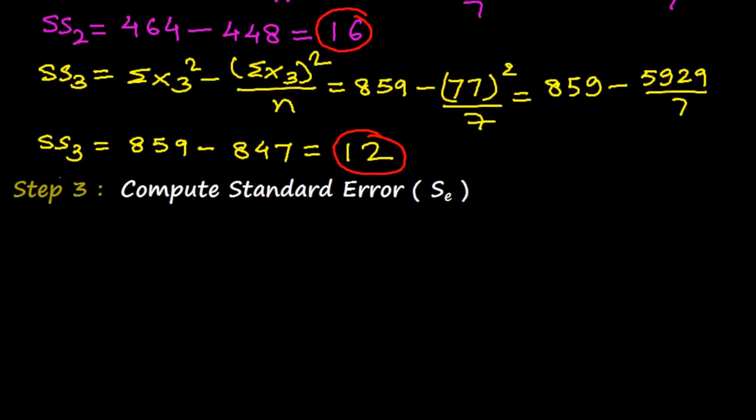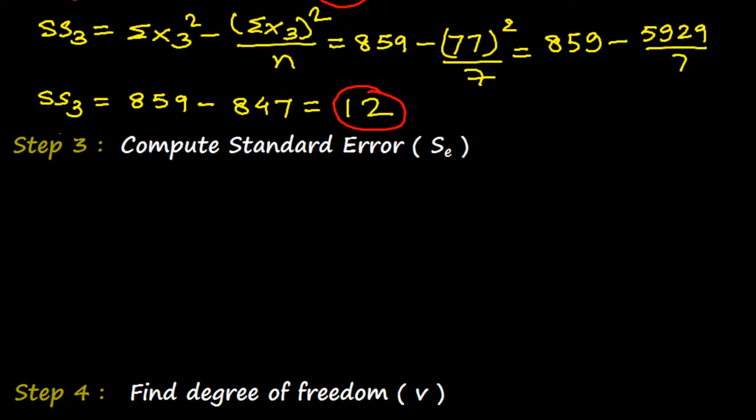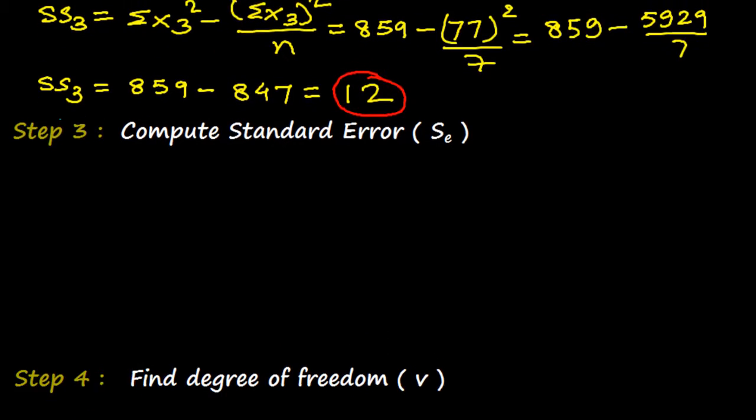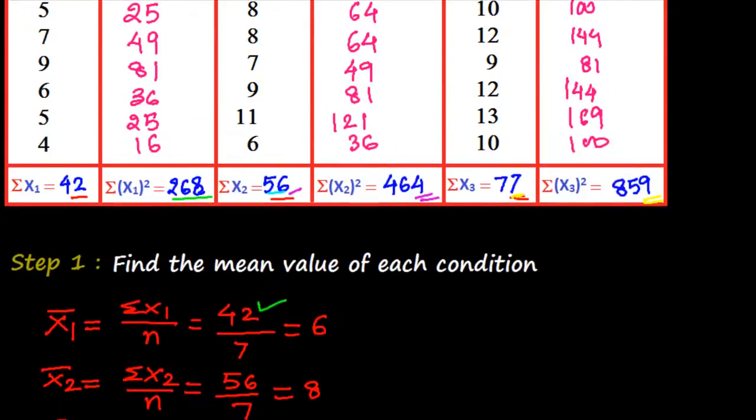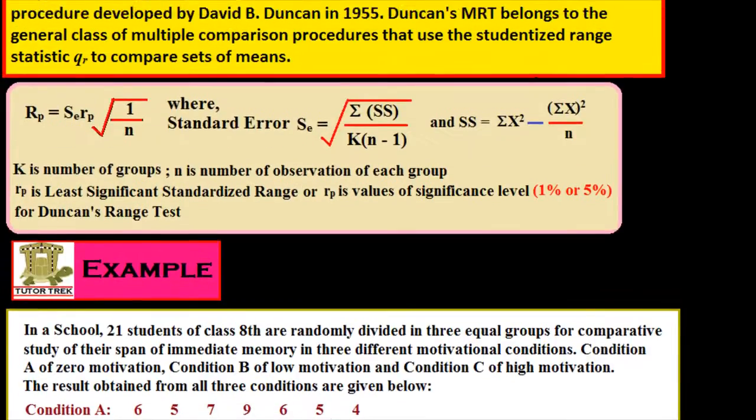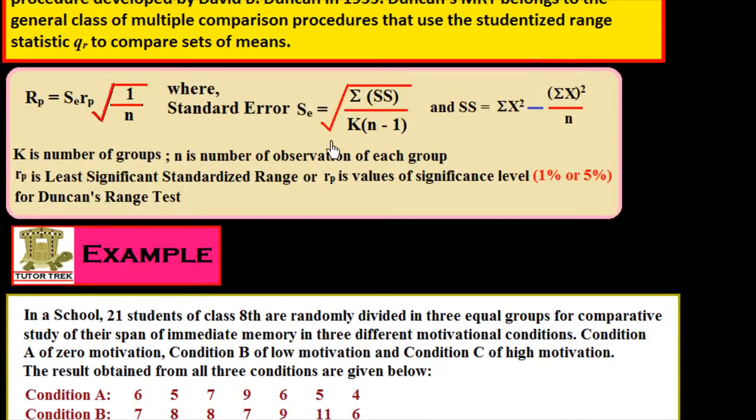Now we have to find out the standard error. We have to compute the standard error. We know the formula for standard error, SE, I have explained it earlier. That is the square root of summation of sum of squares over k, the number of groups, and n is the number of observations in each group. We have to put down in this formula.